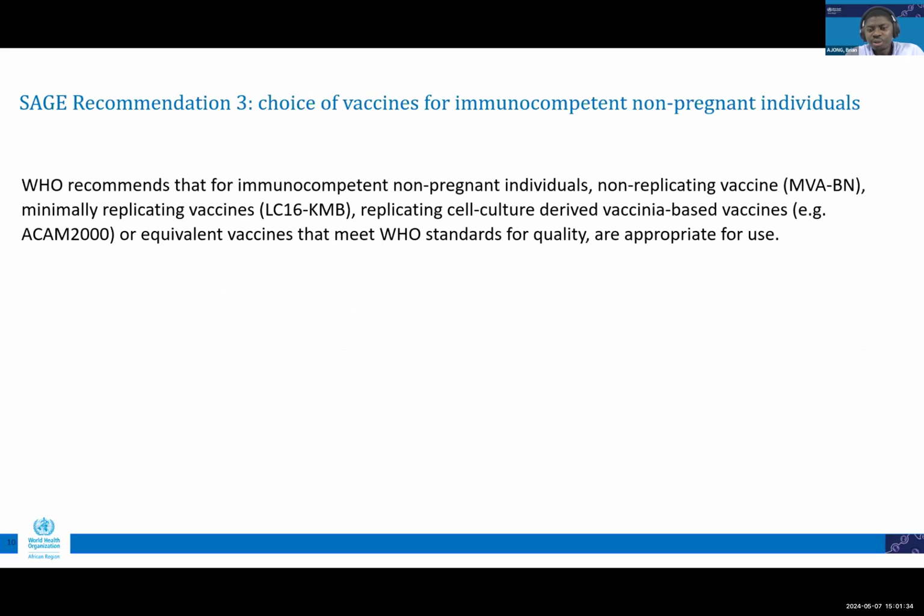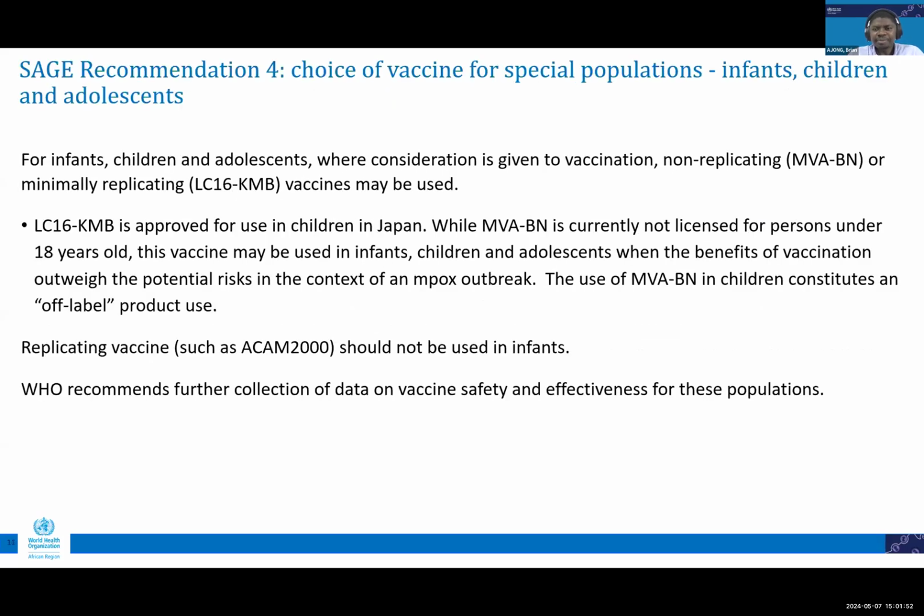Now, for immunocompetent individuals, WHO actually recommends the 3 different vaccines that we've spoken about. So the non-replicating MVA-BN vaccine, the minimally replicating LC16 vaccine, and the ACAM 2000 vaccine.